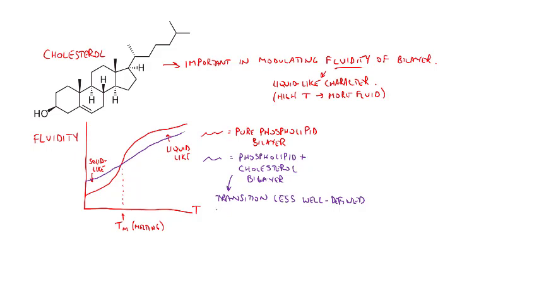And the other thing that we note is that the fluidity in the gel state, which is the one that's essentially solid, increases, but the fluidity in the liquid state decreases. We notice that the purple curve is shifted down compared to the non-cholesterol bilayer.